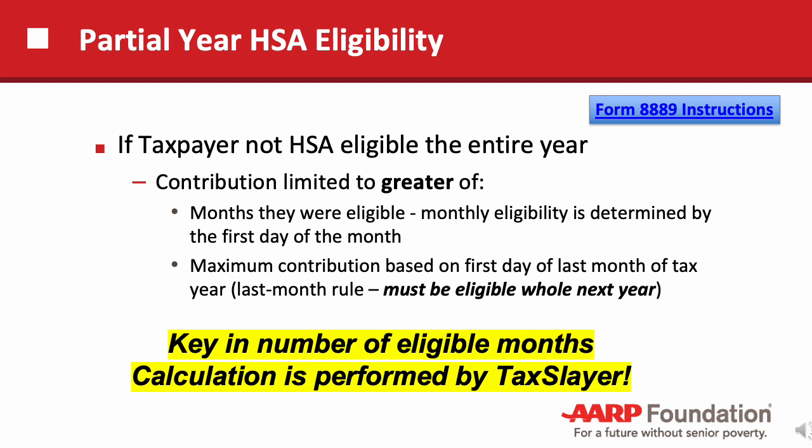So if someone was eligible on December 1st of 2023 and was able to use that month, they could use the maximum limit for the year of 2023 for contributions as long as they remained eligible for the whole next year. That would be 2024. If they did not, they would have to return some of those contributions.